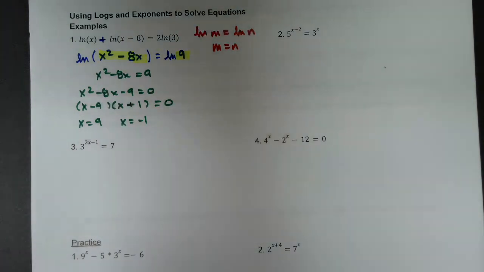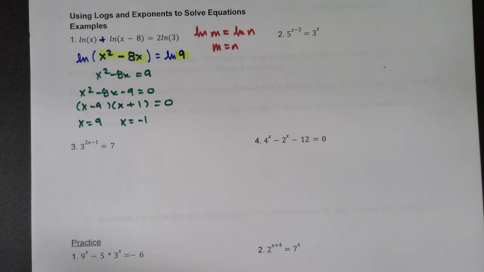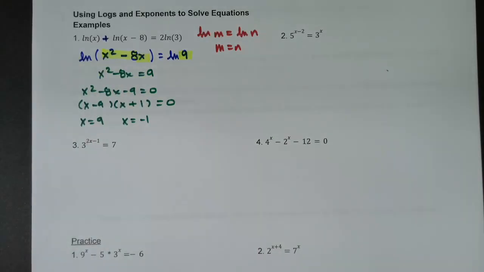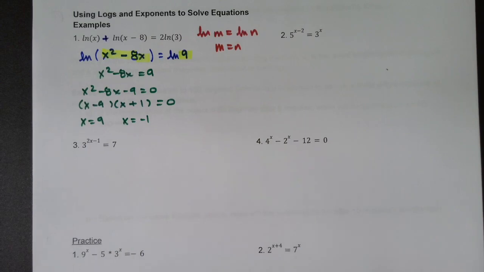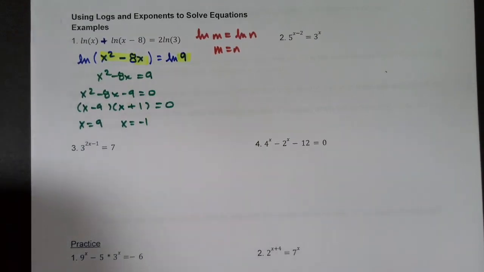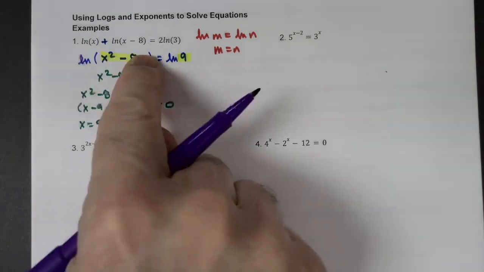Now, we do have an issue with this that we need to take care of, and that is the fact that one of these will not work in our equation up above. And that is, as you recall, we have domain issues when we deal with natural logs.